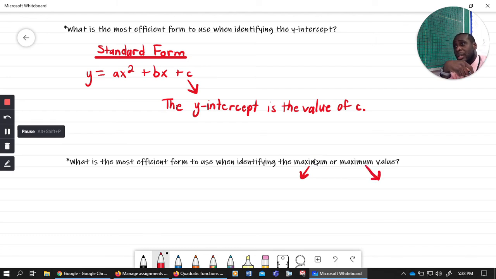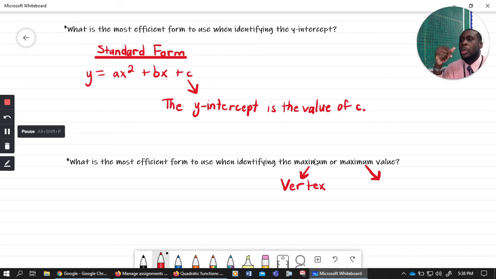Guys, remember there's a difference between what the maximum is and what a maximum value is. Just like there's a difference between what a minimum is and what a minimum value is, okay? Remember that a maximum or minimum for a quadratic function is always going to be the vertex. That highest point in the case of a maximum is going to be the vertex, and of course, if they asked about minimum, that would be the vertex, and it would be the lowest point on the parabola, right?